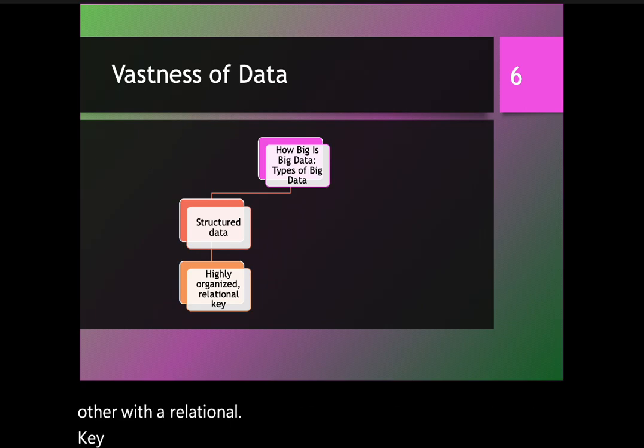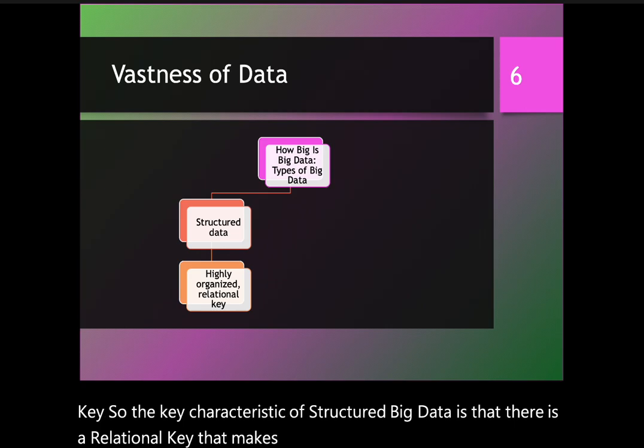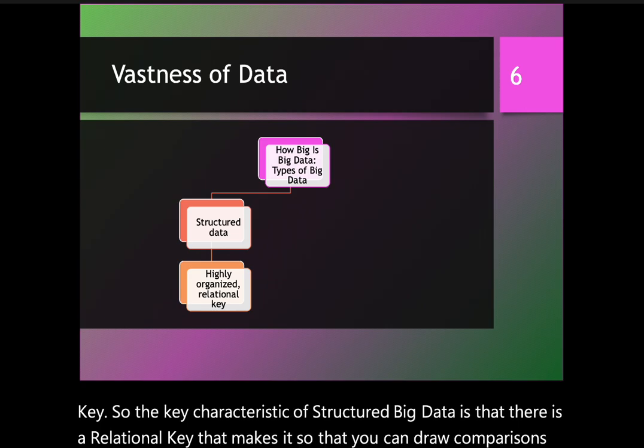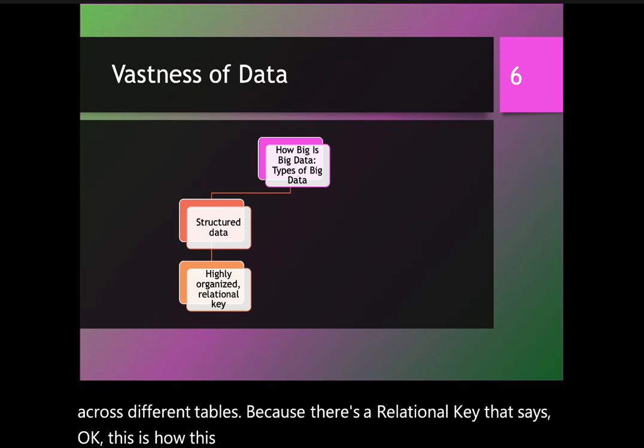The key characteristic of structured big data is that there is a relational key that makes it so that you can draw comparisons across different tables, because there's a relational key that says, okay, this is how this data set is related to this one.